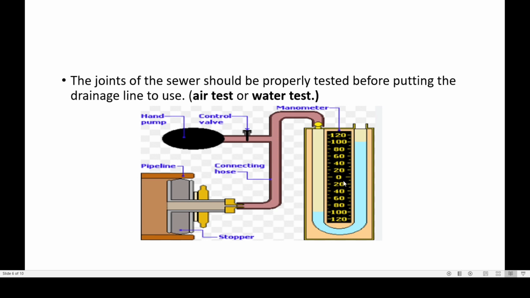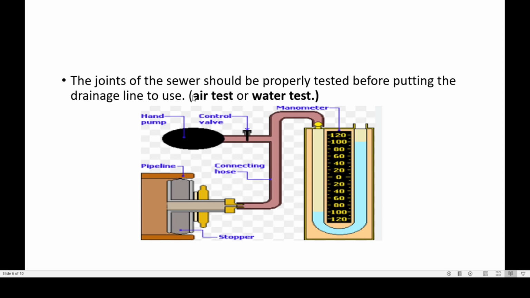You can use a manometer, or we can test by putting water there. For example, after connecting the channel, you can pour water to see whether they obtain the required slope. Water is able to flow like that. When it rains, water can flow up to the downspout.